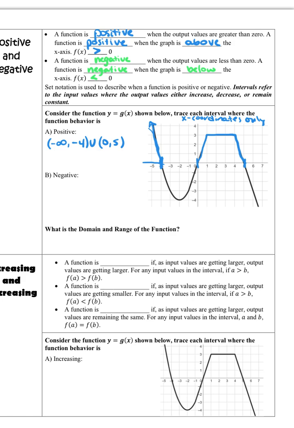All right, and then it's negative down here from our -4. It stays negative until it gets to 0. So from -4 to 0, and from 5 to positive infinity. So that's how we write that.